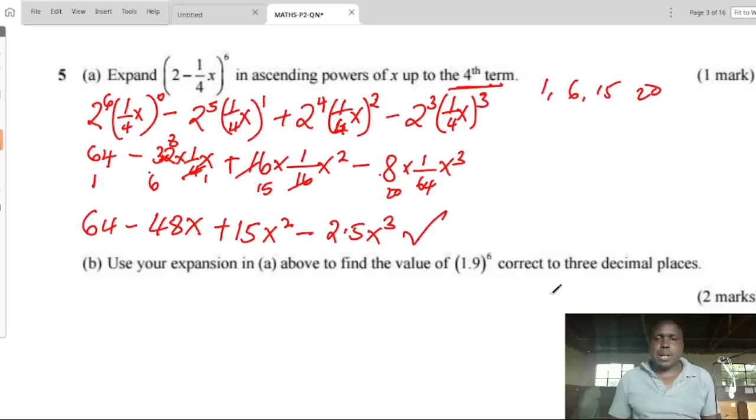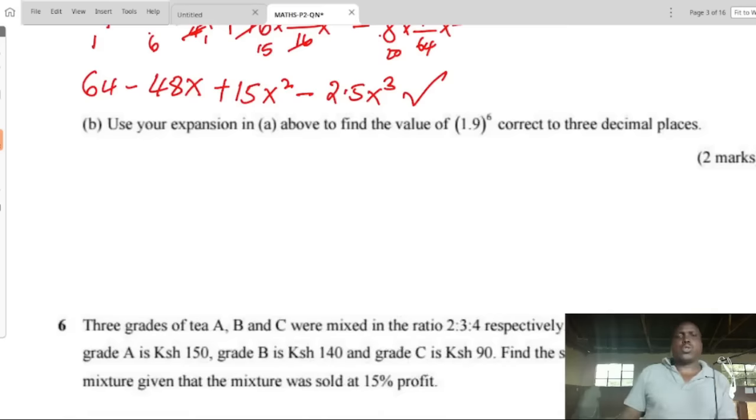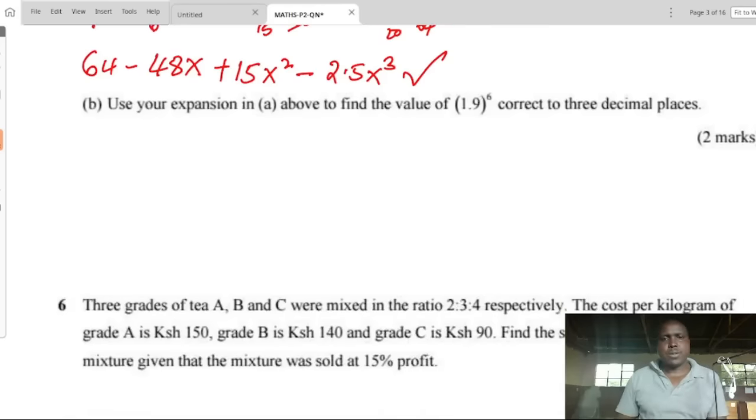Now use the expansion to solve. Use the expansion above to find 1.9 raised to power 6.